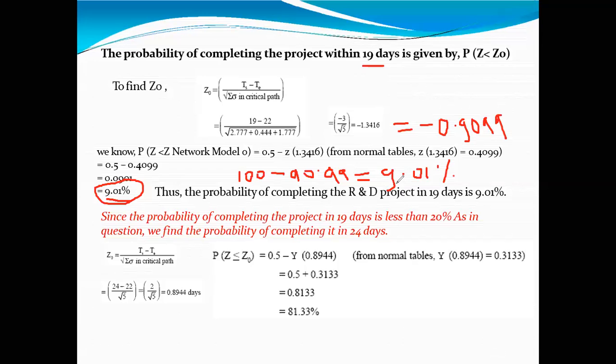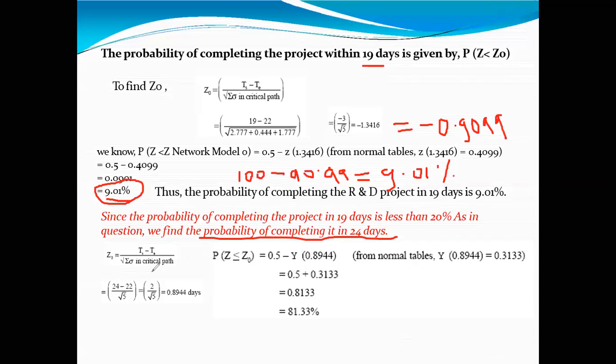Since the probability of completion of the project in 19 days is less than 20%, we have to find the probability of project completion in 24 days. How to calculate that? Again you have to use the same formula.